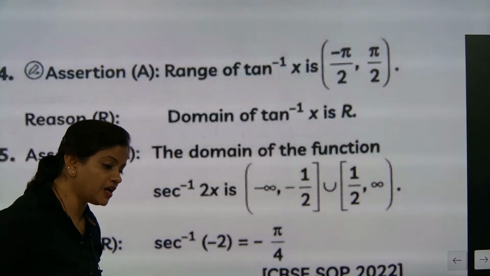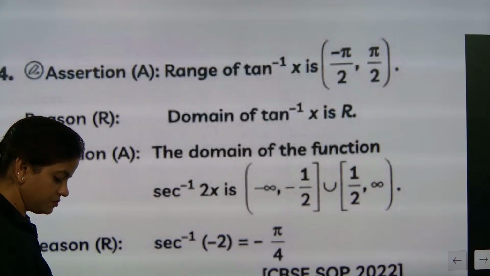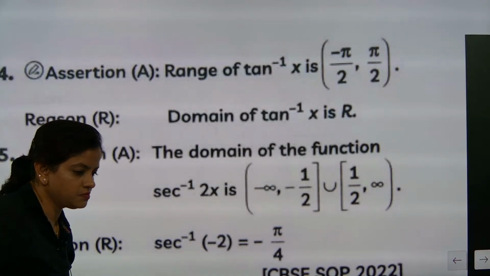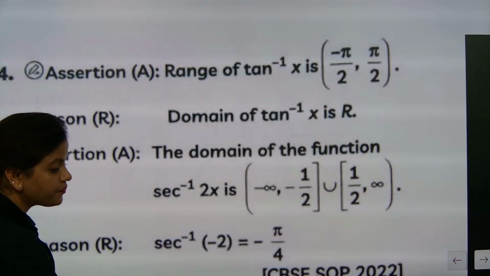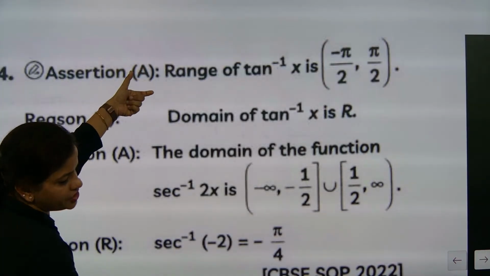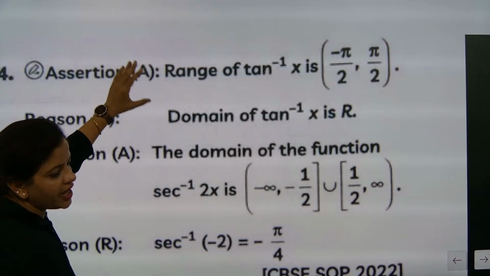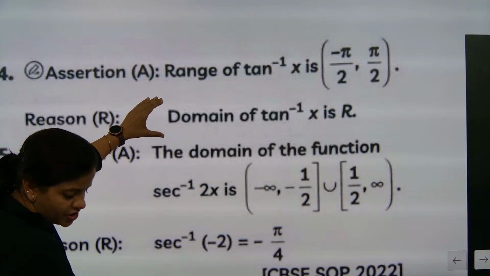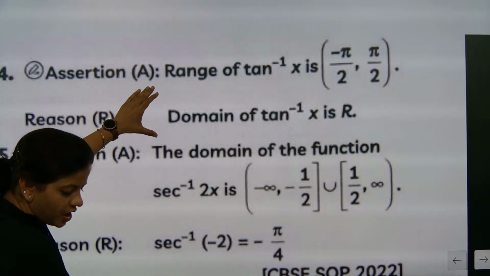Anyone else who can give the answer? What is the answer for this, beta? If the range explanation is this, it will be A. But they have given domain and range independently. There is no statement of range given here. So since the statement of range is not given, we can't do anything.